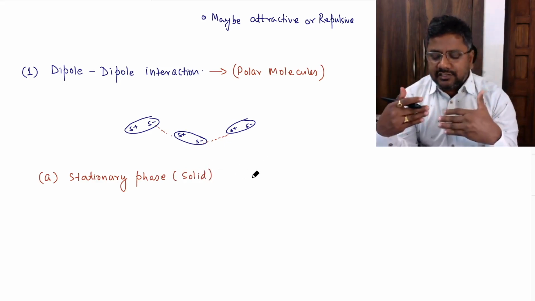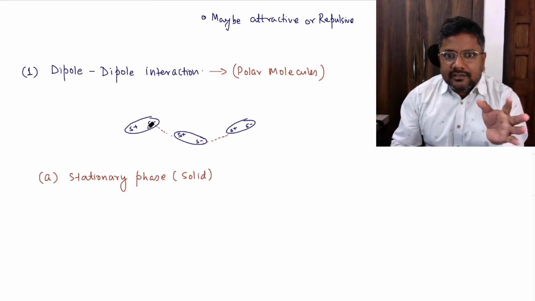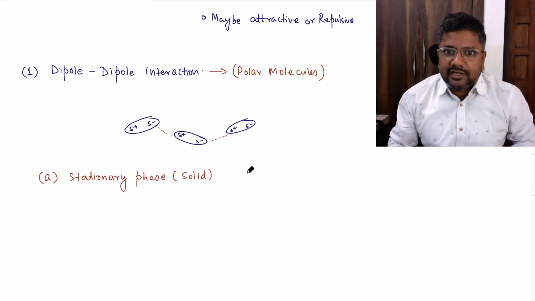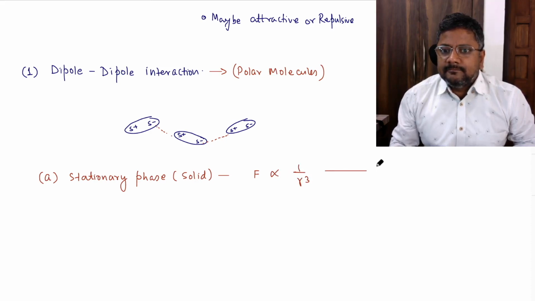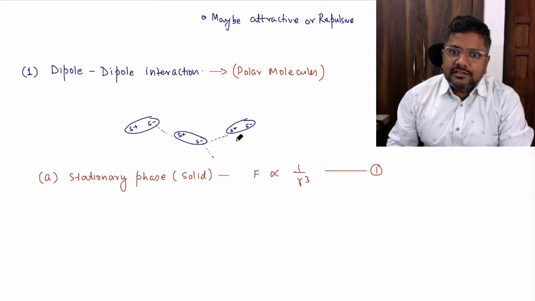when they are in the stationary phase, obviously when they are in solid, means if the polar molecules are present in the crystal and in the solid phase, then the force of attraction between these molecules varies with r to the power cube. Means this is the distance r.